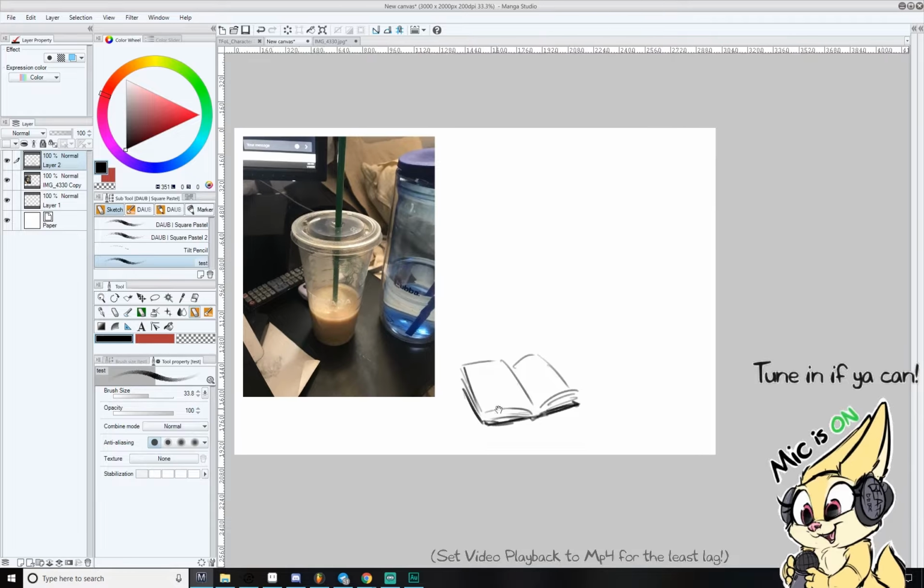But anyways, say that's me. I'm a line, two lines. And then we got the cup here. This is going to have a different perspective because I'm drawing it over here where the cup is. And it's got a straw, right? Big straw. That is a pretty big straw. Why is the straw so big?